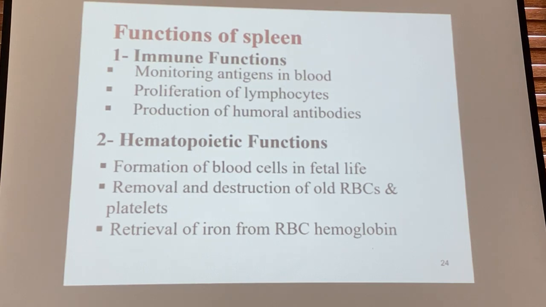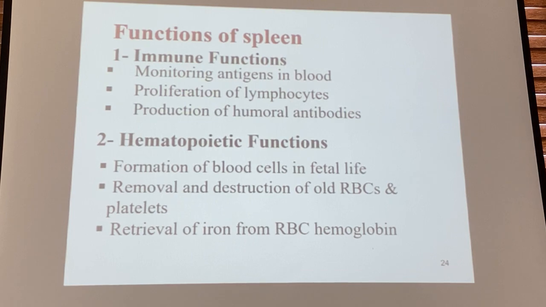In general, the function of the spleen is classified into two main functions, which are immune and hematopoietic. The immune function is that the spleen acts as a monitor for the antigens circulating in the blood, and it is also the site for proliferation of lymphocytes.